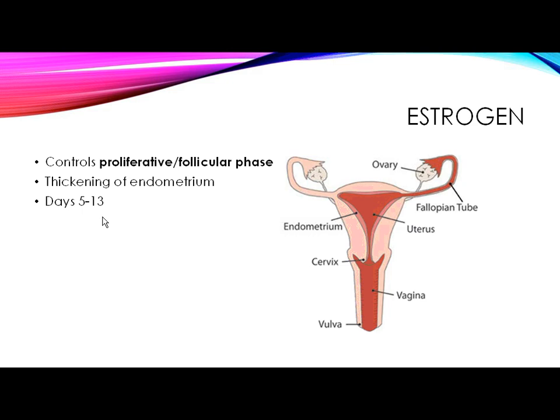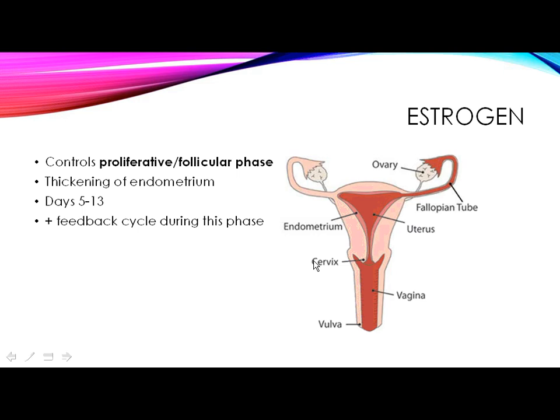And then days 5 to 13, if you're talking about the ovary, we talk about the follicular phase. And if you're talking about the uterus, we give it a different name: the proliferative phase, the growth of the endometrium, but it occurs at the same time, days 5 to 13. Remember, day 14 is special. That's the ovulation day, when we release that mature ovum.